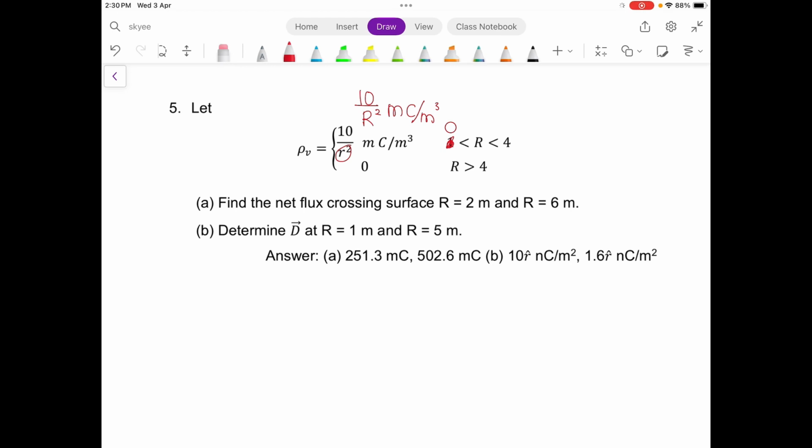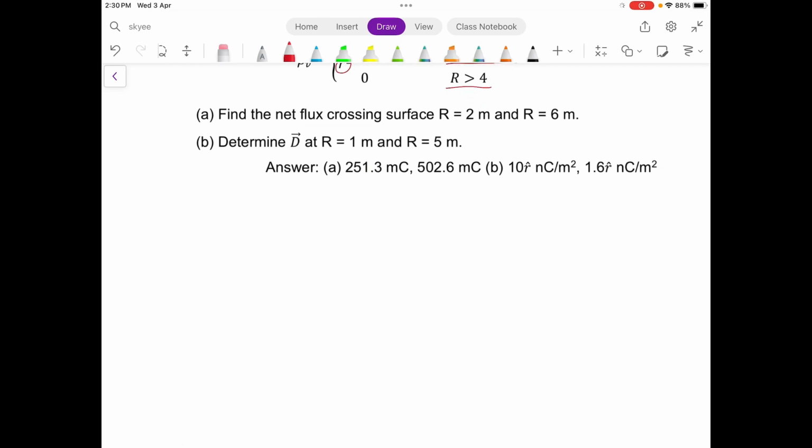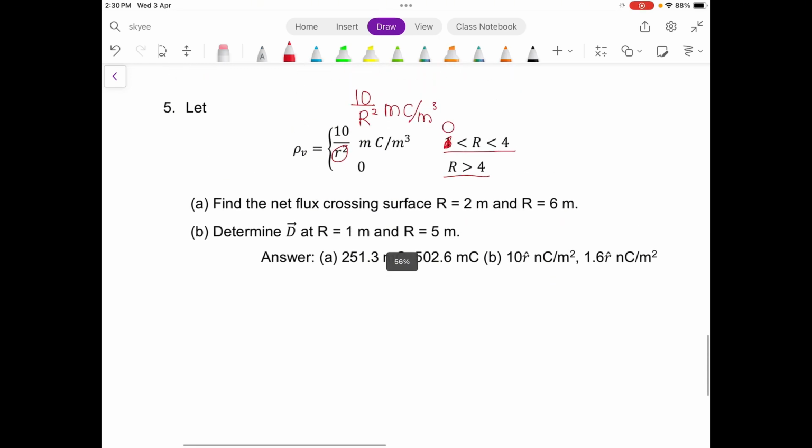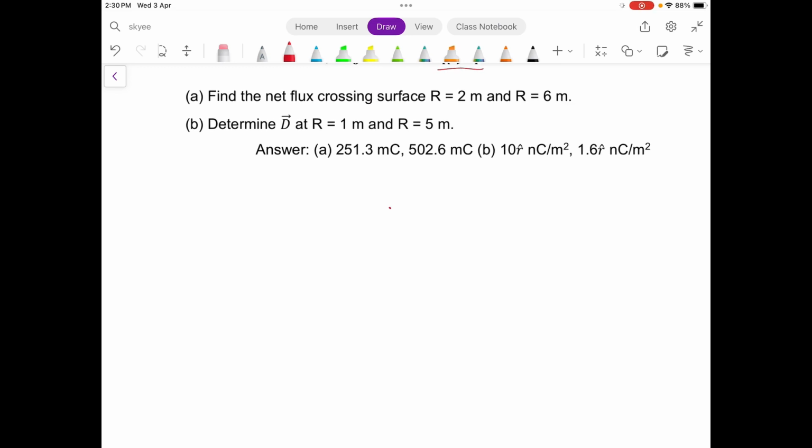Now you have the rho V, which has different values at different ranges. In between 0 to 4, the value is 10 over R square milli, and when the R is greater than 4, it is 0. So the structure is actually a spherical shell. Oh no, it's not a spherical shell, it's a sphere. 0 is here and 4 is here.